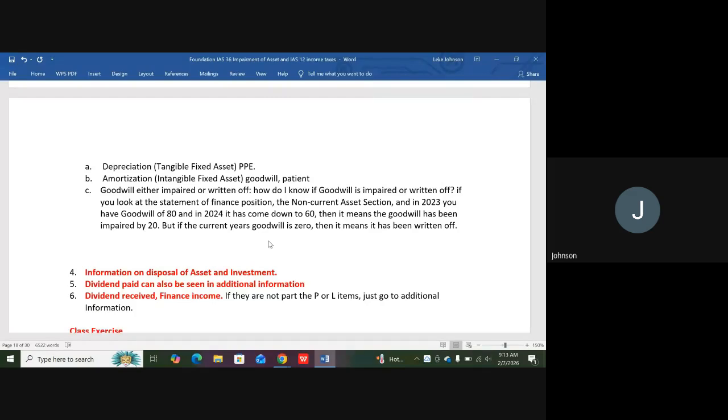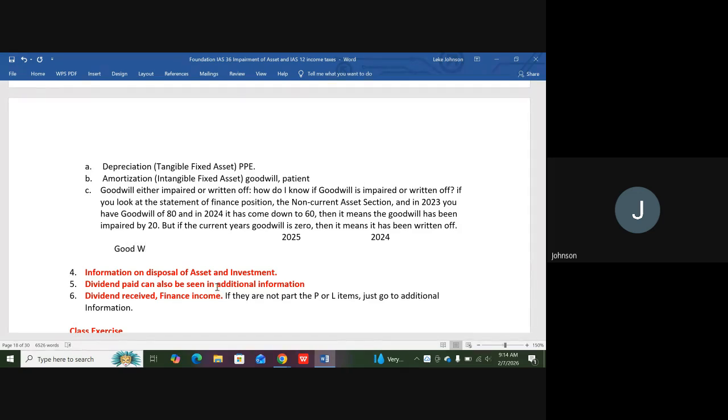Yeah, so now how do you know that goodwill has been impaired? So let's say that you are checking your financial statement, you saw that in 2025 there's a certain amount that goodwill was, and then you compare it to what it was in 2024. So here we have goodwill.